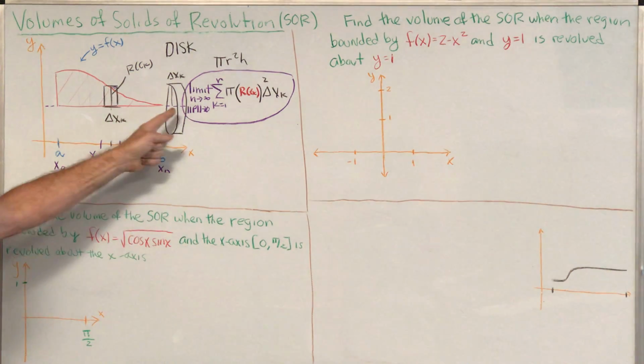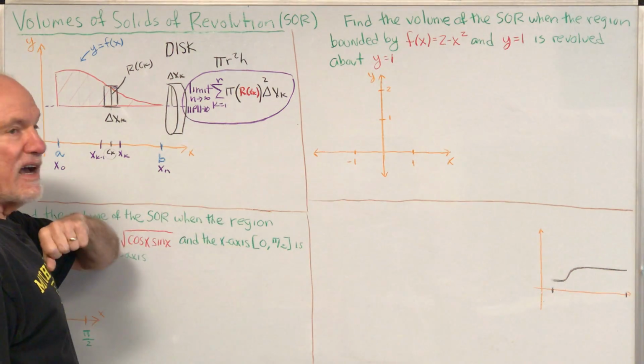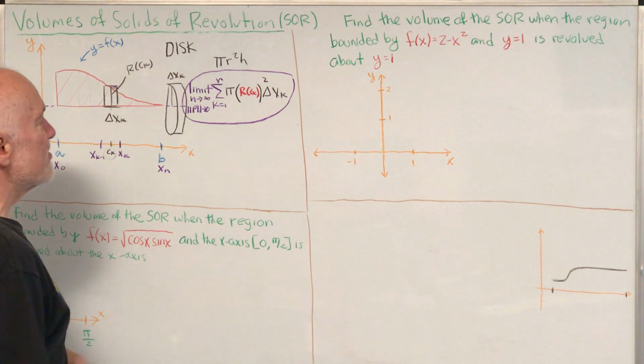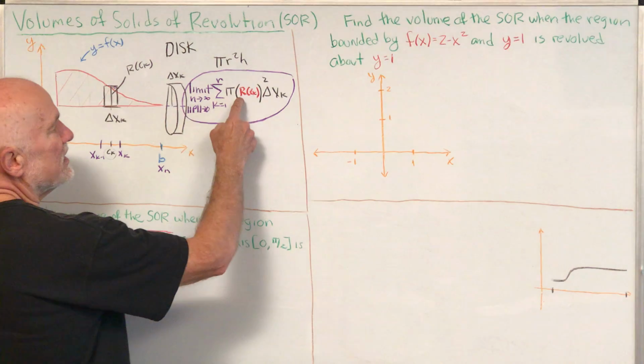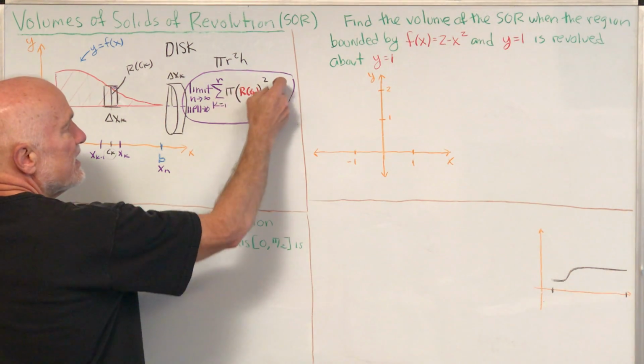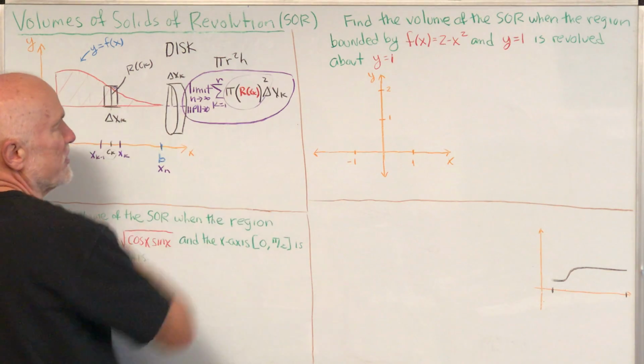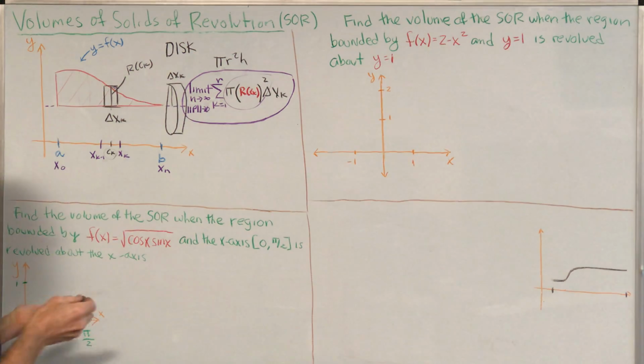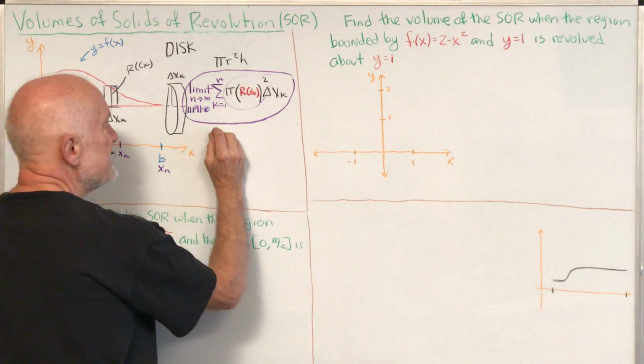And the nice thing we noticed, again, we have an infinite Riemann sum. Except instead of f of c sub k, we have this function of c sub k. But it's still going to be a definite integral.